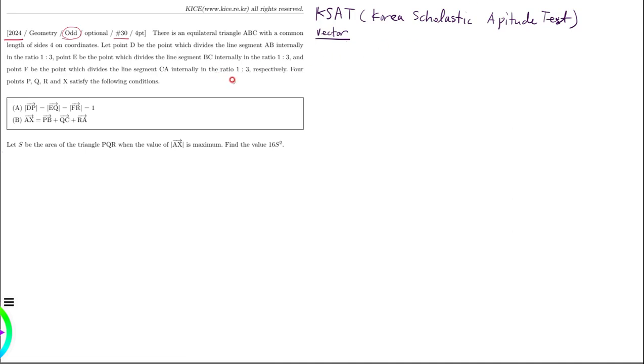You construct a geometric figure which satisfies all those conditions here, and you manipulate some parameters or values, and then you find some specific conditions which satisfy this condition here, okay, and construct the triangle. That's our final goal.